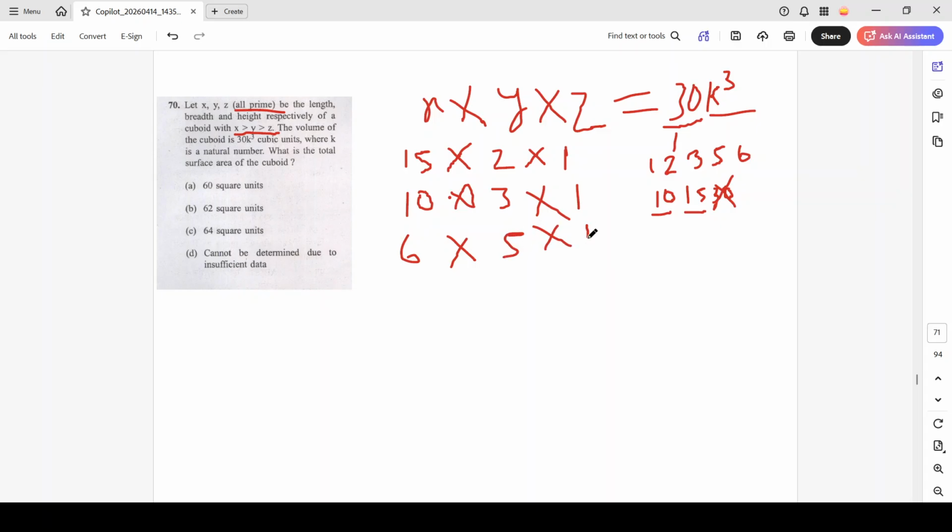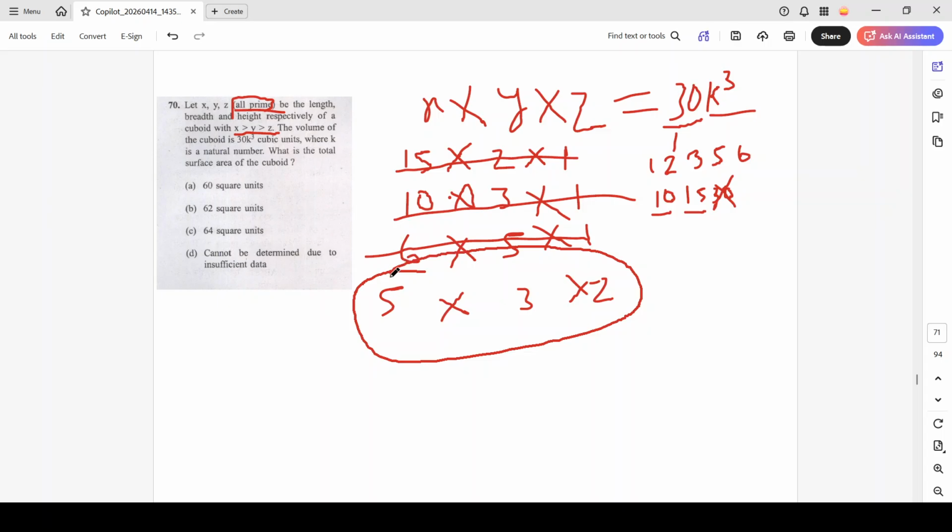Now we take 5 into 3 into 2. So these are the possibilities. Now let's see, are x, y, z all prime? Is this all prime? No. Is this all prime? No. Is this all prime? No. There is only a single case where all three are prime.